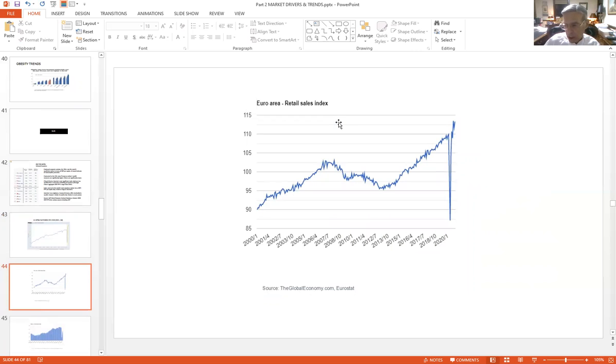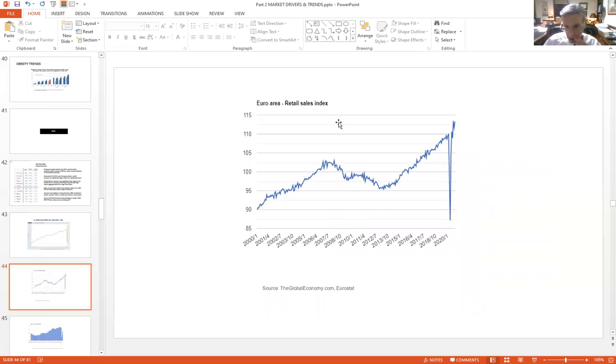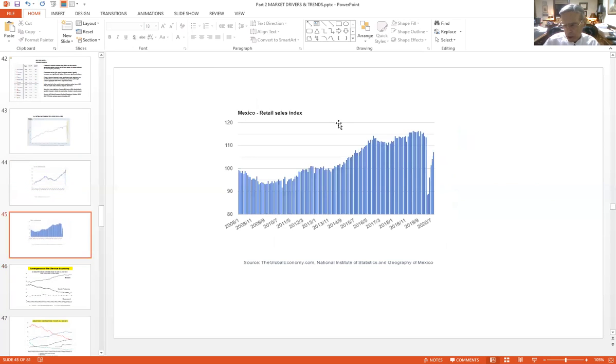Here we see the same kind of phenomenon, but the recovery, nothing like that. Nevertheless, this is Europe, and we can see that the Euro area suffered the same dramatic reduction in retail sales, and has now recovered and gotten back on a normal trajectory. Whoops.